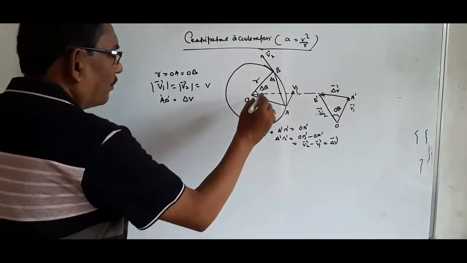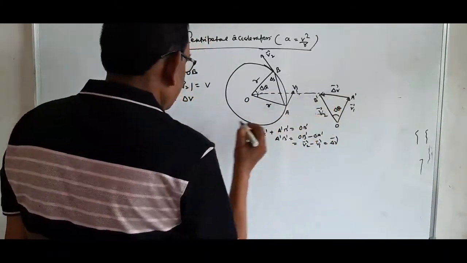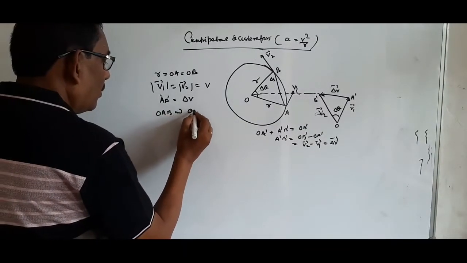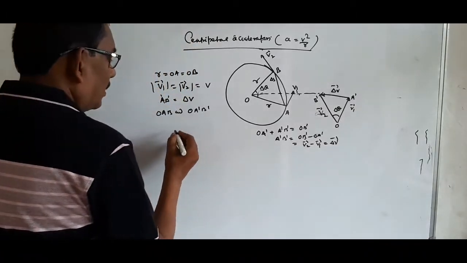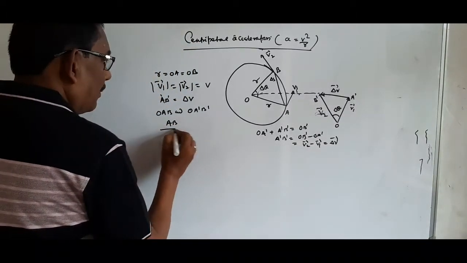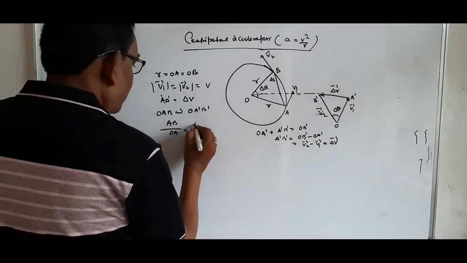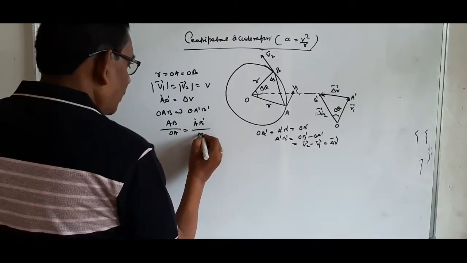Now on triangles OAB and OA dash B dash, AB by OA is equal to A dash B dash by OB dash.